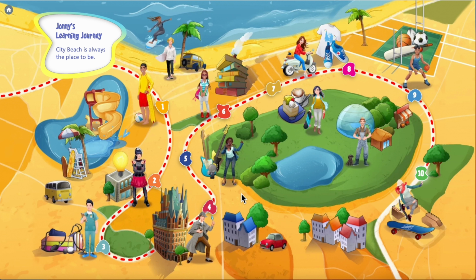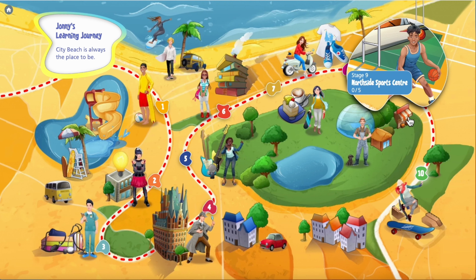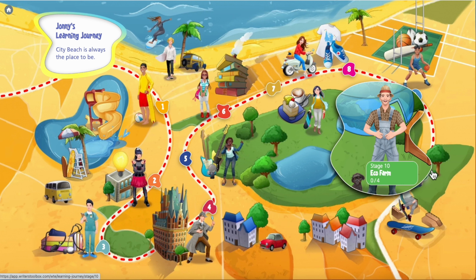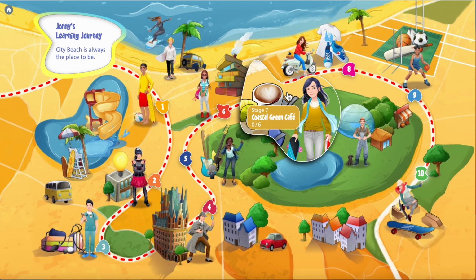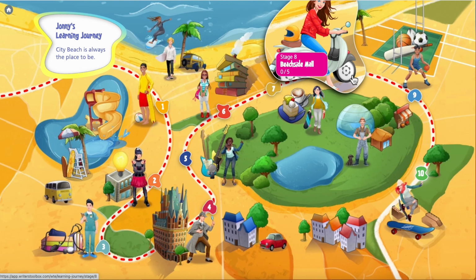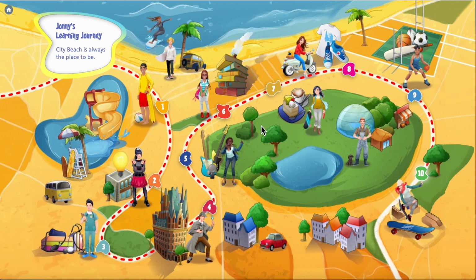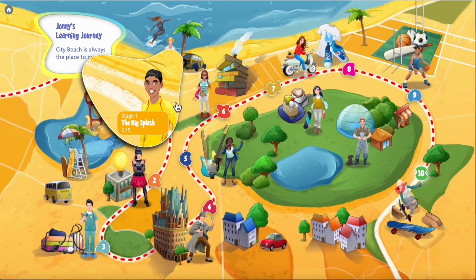Every year level has its own unique learning journey from prep through to grade 12, and they are all set up in this same way with 10 different stages. As you can see here, my whole map is open and I can go into any stage I would like. Or you may prefer to lock it down and just restrict the students' access. I'll show you how you can manage that shortly.